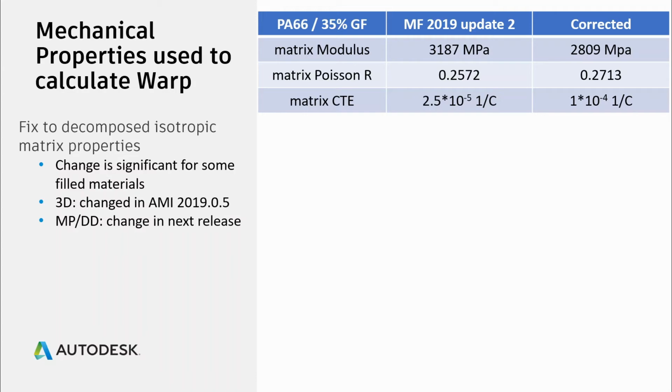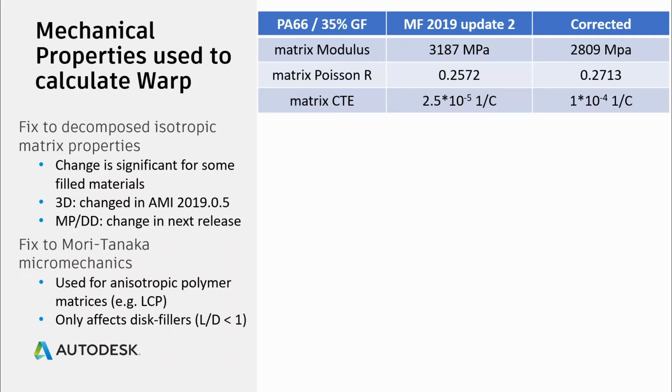Notice that the corrected value is approximately 4 times higher than that which was previously estimated. And this would have a large impact on the magnitude of warpage deflection predictions in 3D analyses. If we compare these estimated values to the values for pure unreinforced PA66 materials, we see that the corrected value is actually more typical of the coefficient of thermal expansion that we should expect from a polyamide 6,6.